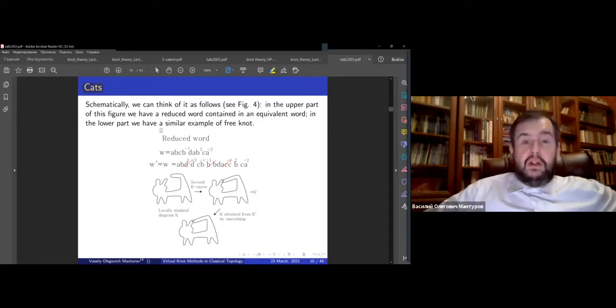In some sense, I would argue that virtual knots, and maybe some instances of virtual knots, maybe free knots with some generalization or simplification, behave like free groups. So what do I mean here? I would be very happy to have invariants valued in cats.